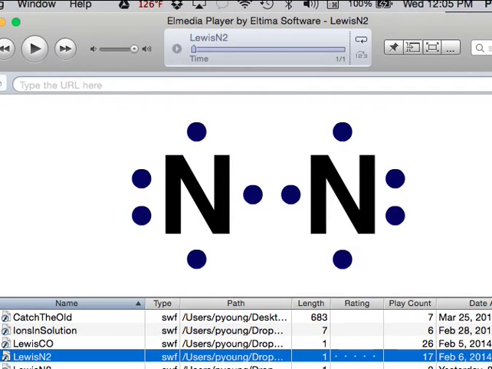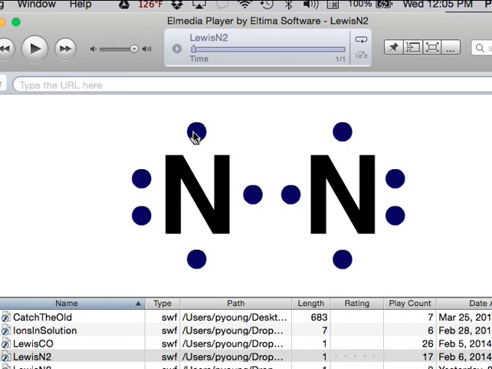Here's my 2 nitrogens. Now, clearly, we could form a bond here. That's no problem, right? Everyone sees that. And if we did that, we would have 1, 2, 3, 4, 5, 6 electrons around each nitrogen. That's okay, I suppose, but it's not 8, is it? So what I'm going to do is grab one of these, move it in.